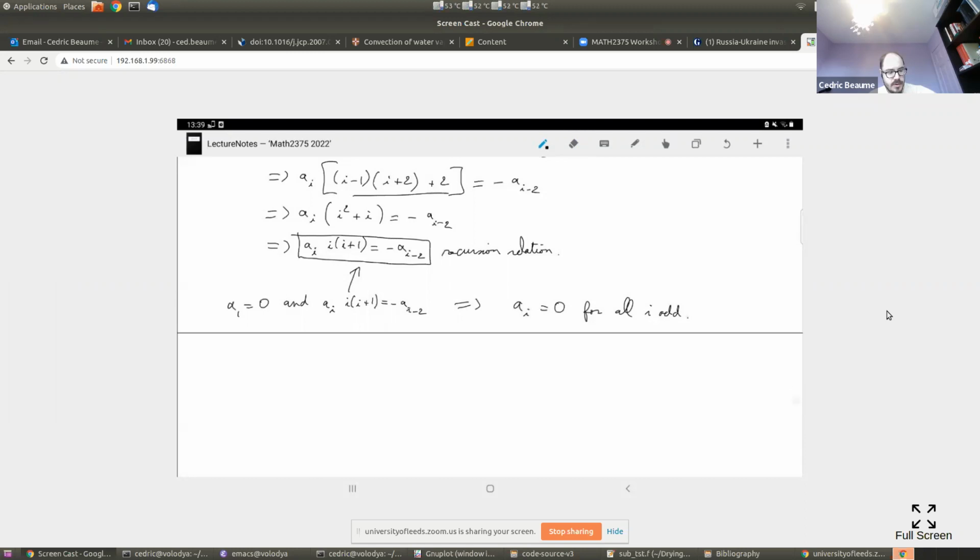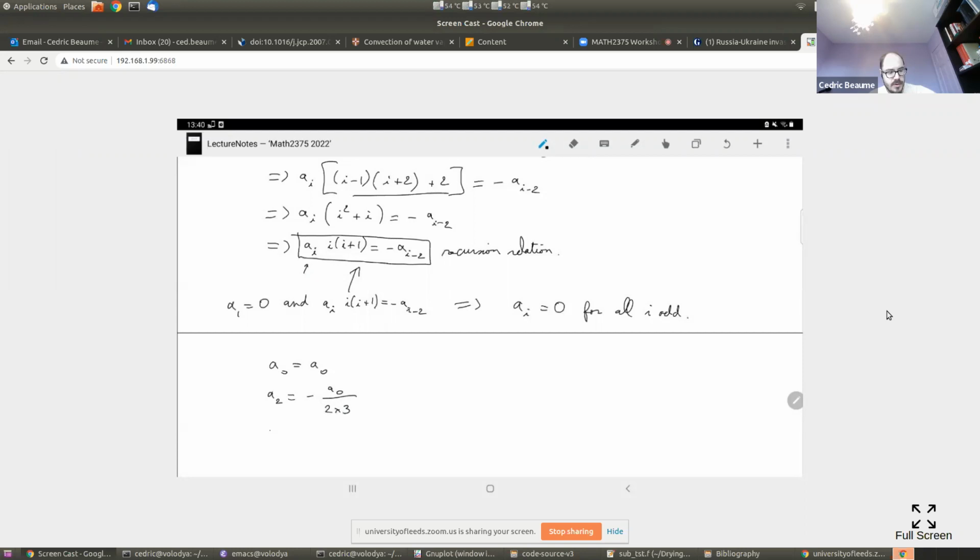So what we can notice here is a_i equals this. So maybe we can look at what a0 was equal to: a0. I'm just writing a triviality. It's ugly to write it like this, but it just helps sort out our thoughts. Let's have a look at what a2 is equal to. a2 is minus a0 over, and if I take i equals 2, I'm looking at this expression up there, I get 2 times 3.